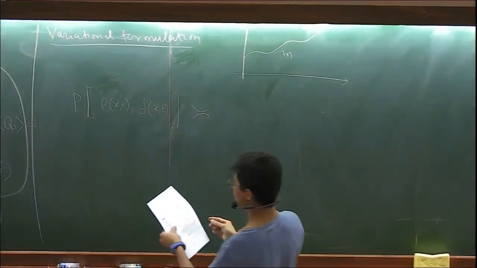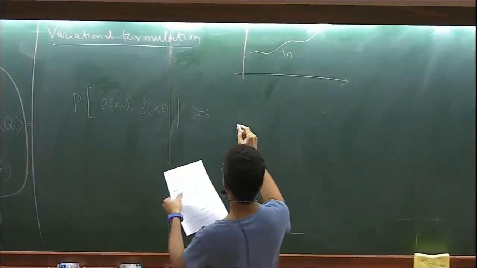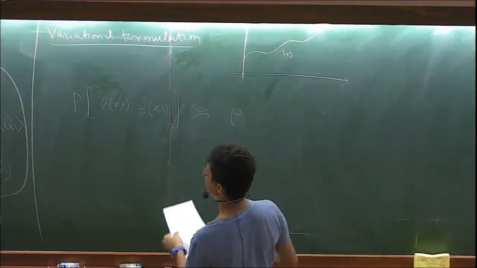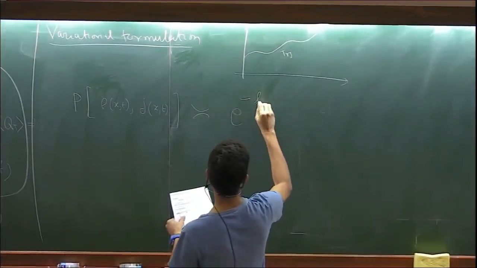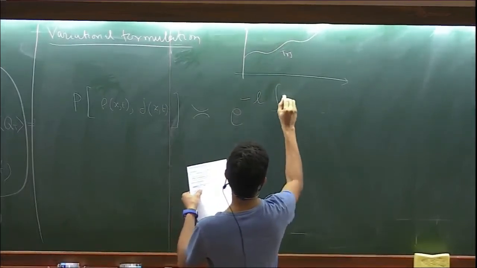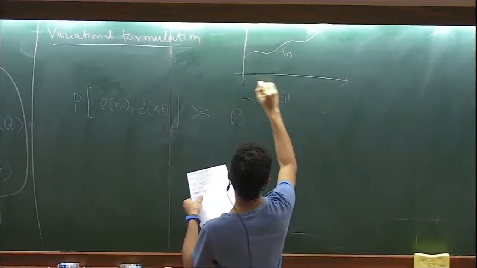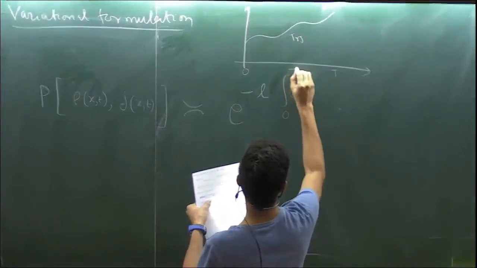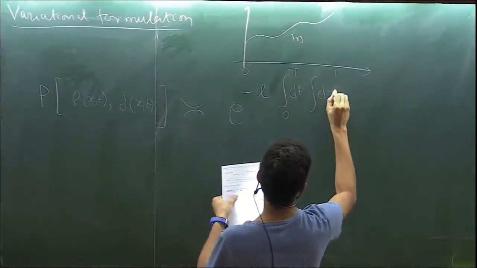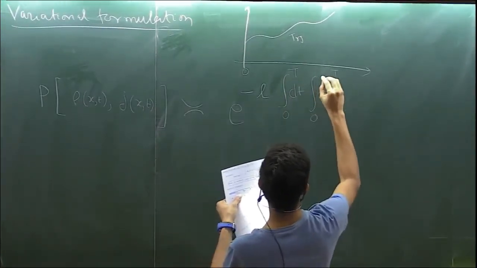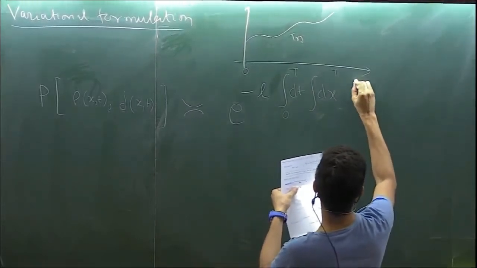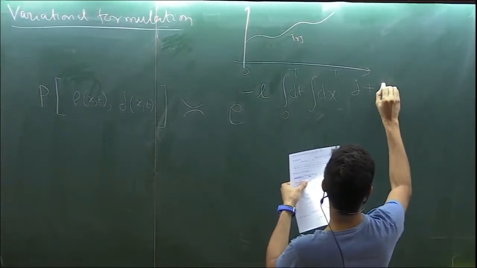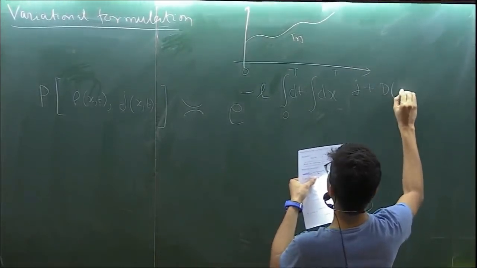Now you could very easily convince yourself that this would be, so now I have this picture, minus small l. I'm looking at time evolution, let's say from 0 to capital T. Then dx, 0 to, J plus d q.